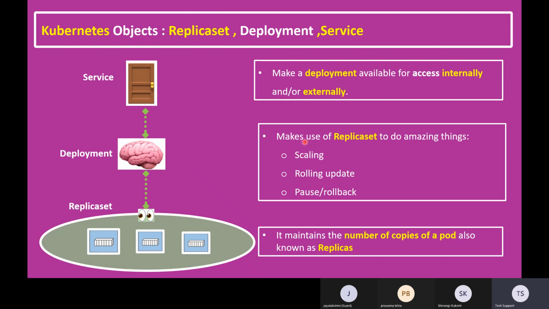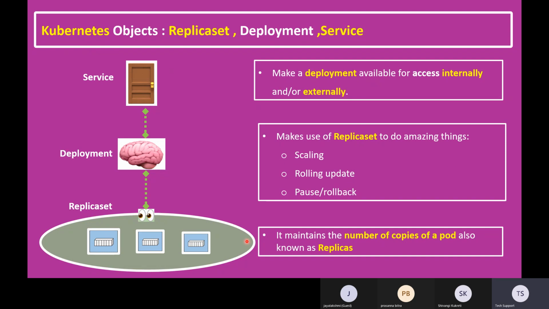Now let's talk about some more additional Kubernetes objects. Those objects are the replica set, deployment, and service. So in the left side diagram, we'll start from bottom to top. Replica set, the name itself says replica set. If you see in this diagram, there are three pods involved.